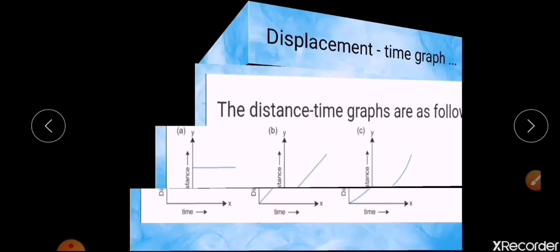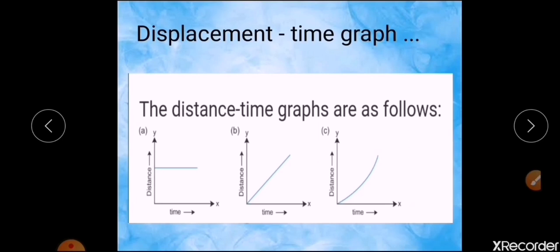First we are going to discuss the displacement time graph. These are the three possible graphs you are going to get in your displacement time graph. Here it is written displacement time graph, and here it is given distance time graph. One thing I have to mention is that in one dimensional motion, displacement time graph and distance time graph both are going to be the same.